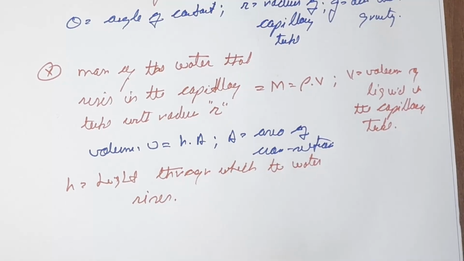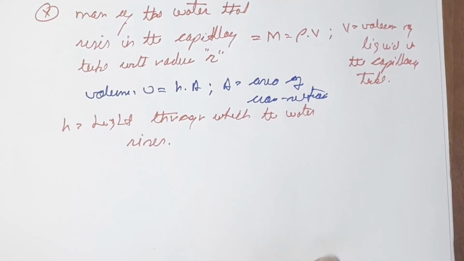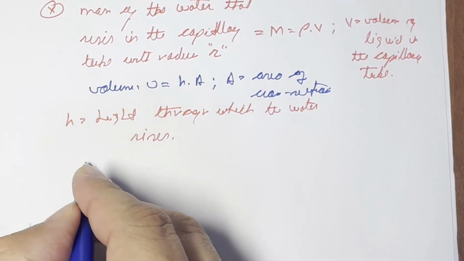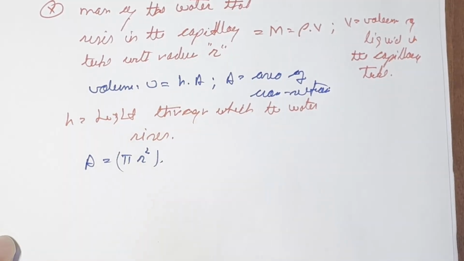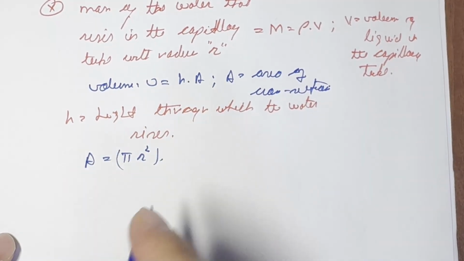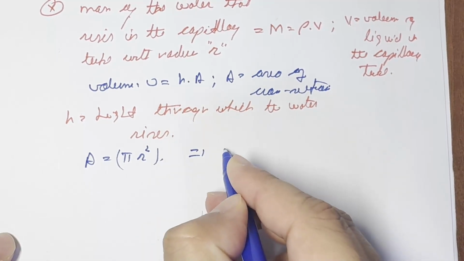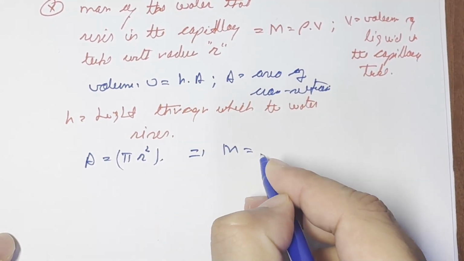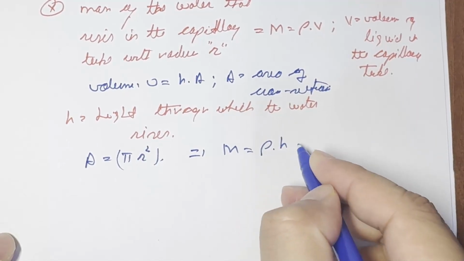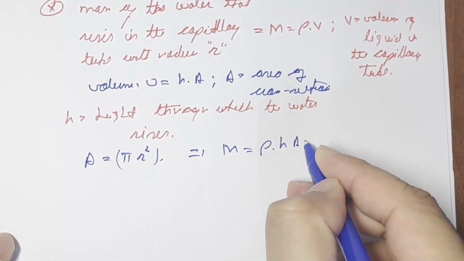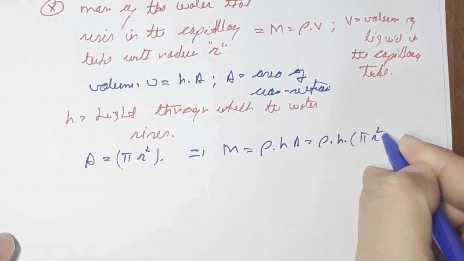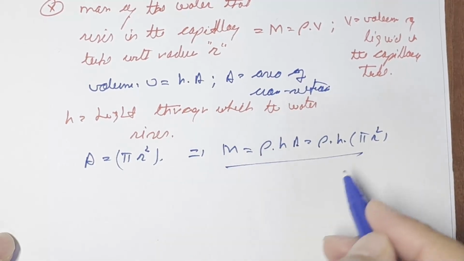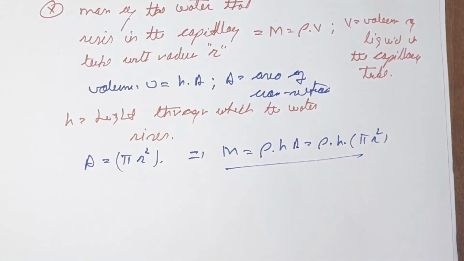This area of cross section can be written in terms of the radius, so A is pi r square. Therefore mass is equal to rho multiplied by h into A, which is rho h multiplied by pi r square. Here we substitute the value of h, the height.